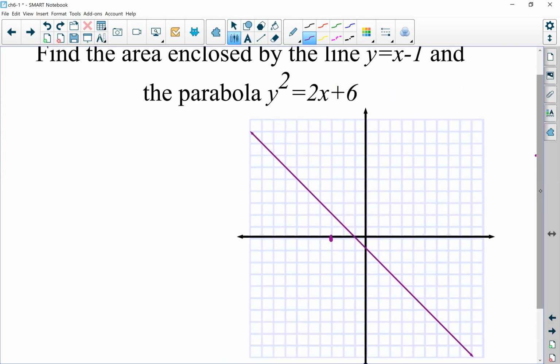And then if I plug in 1, 2x plus 6 equals 1.